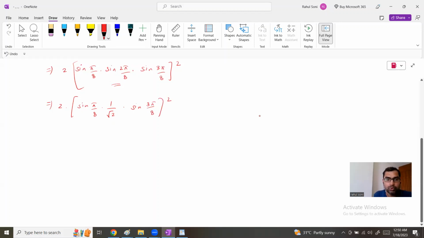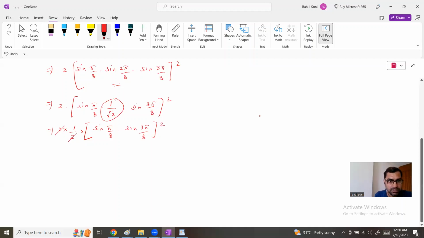Now 1 upon root 2 whole square becomes 1 upon 2. If we take out the 2 into this 2, this complete term is 1 upon root 2 square, which becomes 1 upon 2. We have taken this out, and inside we are left with sine pi by 8 into sine 3 pi by 8 whole square.